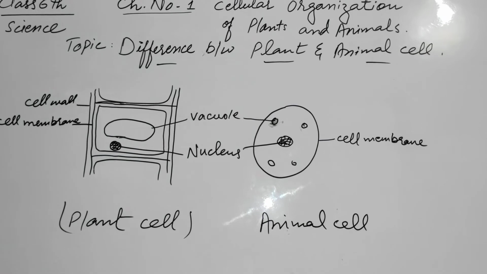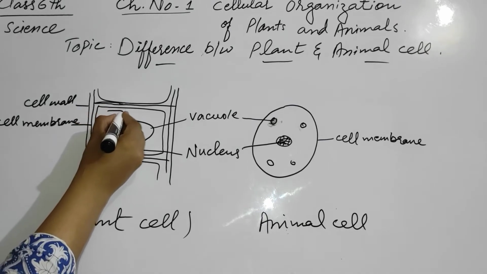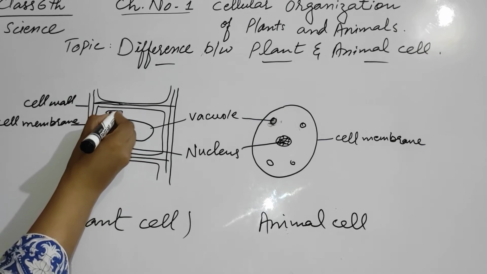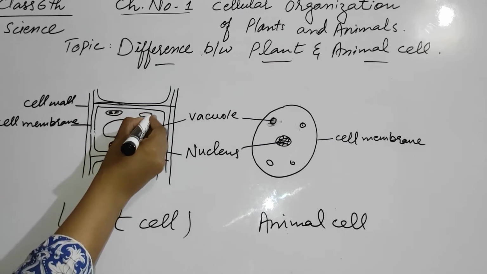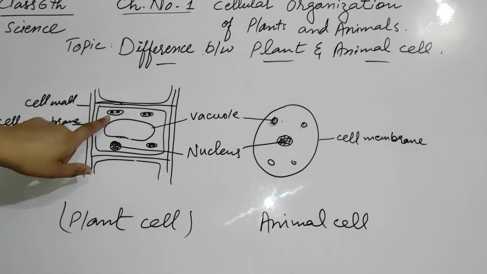So the next thing, plastids. A structure called plastid is present in the plant cell.